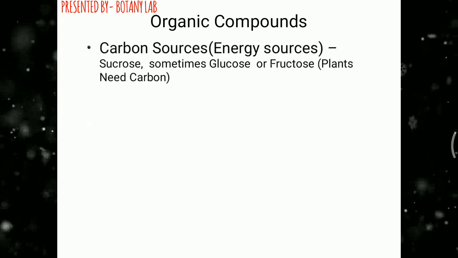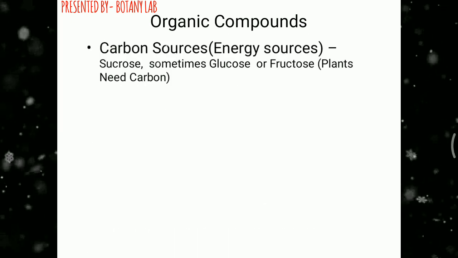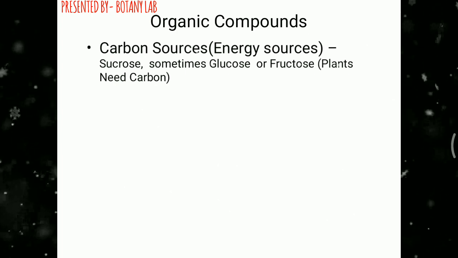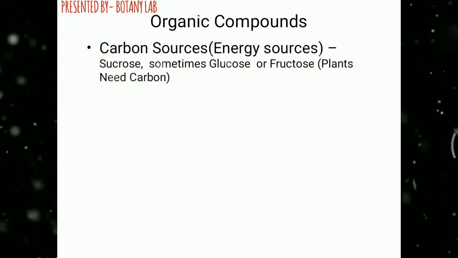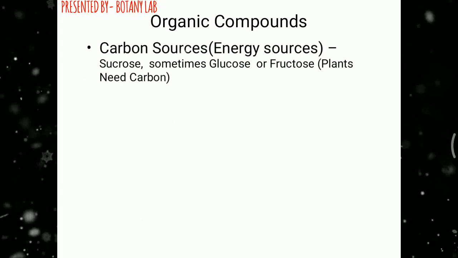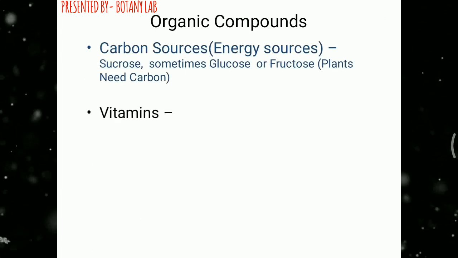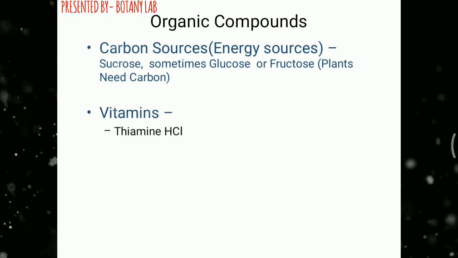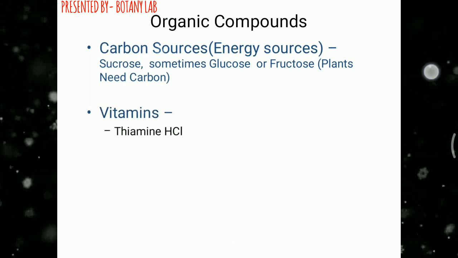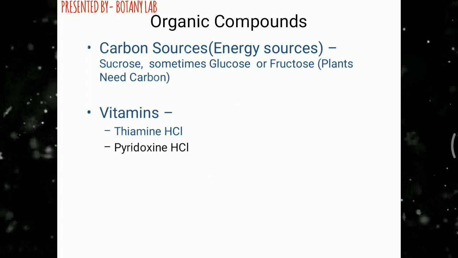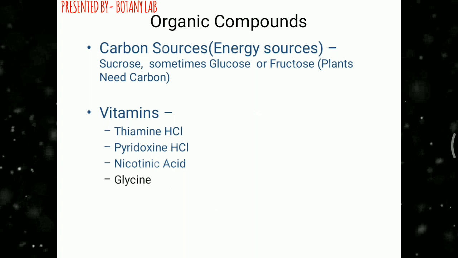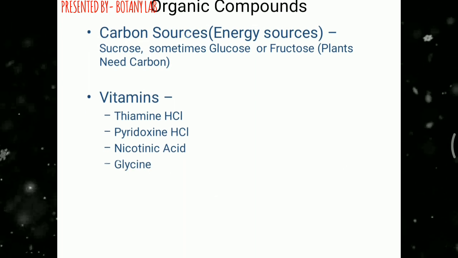Now the organic compounds, carbon sources and energy sources. They are sucrose, sometimes glucose or fructose. Plants need carbon, we know that. As vitamins, there are thiamine hydrochloride, pyridoxine hydrochloride, nicotinic acid, and glycine.